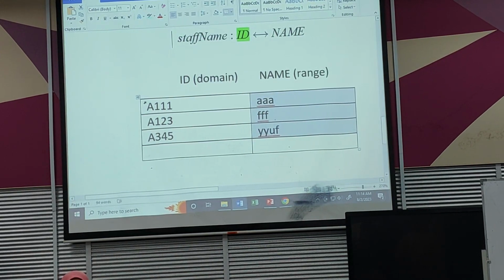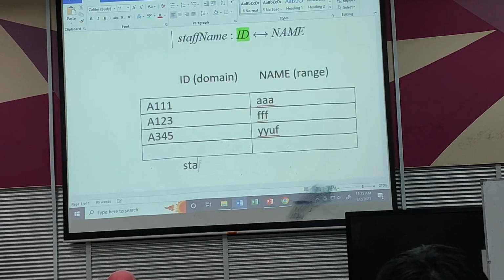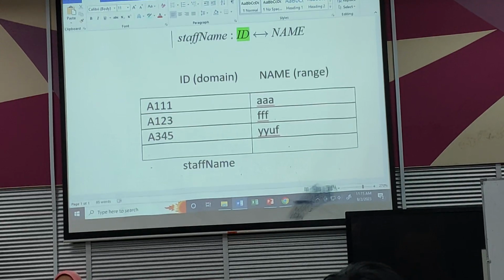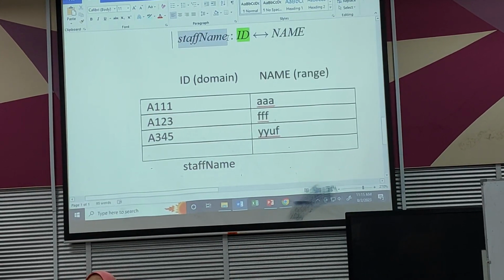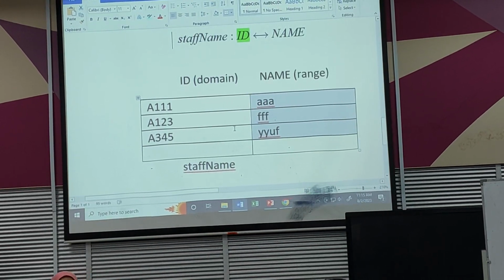But this table we call staff name. That's why our variable is staff name here. Staff name consists of ID and name, so the whole table here we call staff name.